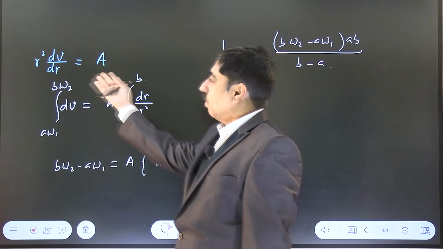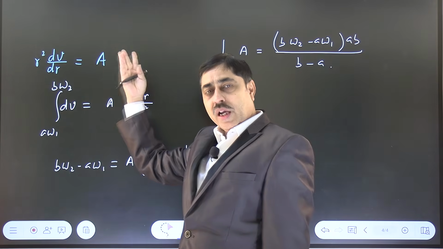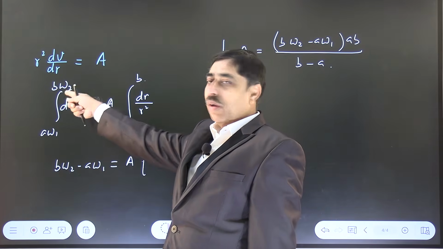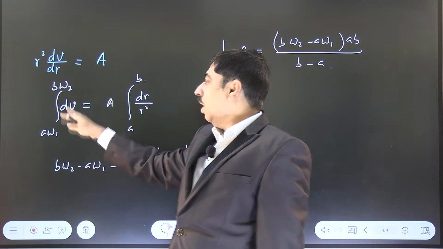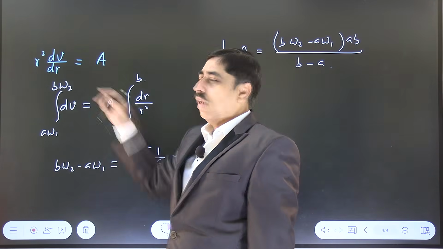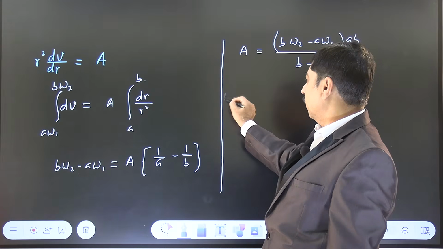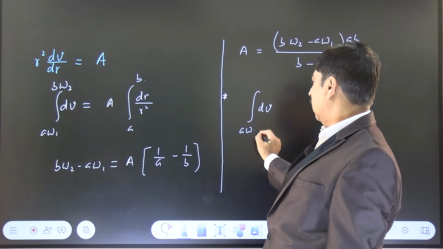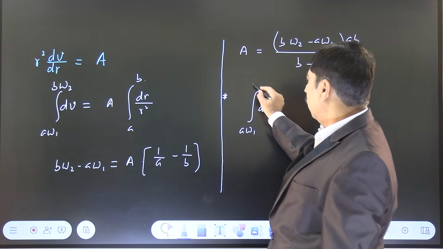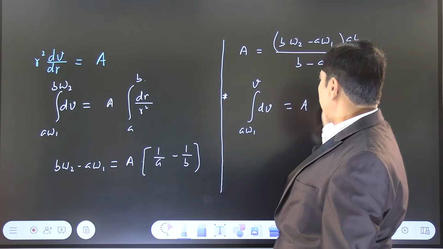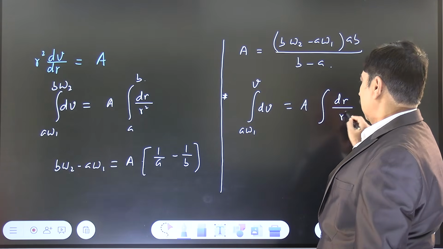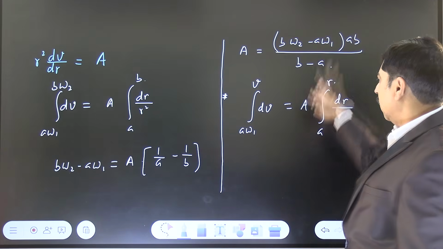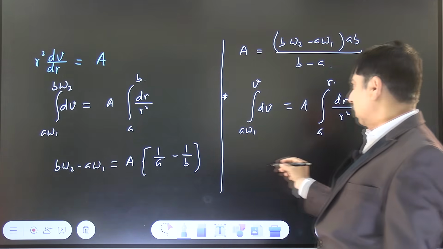So again, from here only, I'll do this integration, but this time starting from this initial point, I will not go up to the outer cylinder. I'll go up to any general distance r, and I will assume that speed is V out there. That means I'll write this integration as A omega 1 to V, when I move from radial distance a to r. Now I know the value of capital A. So just plug in and you get V as a function of r.